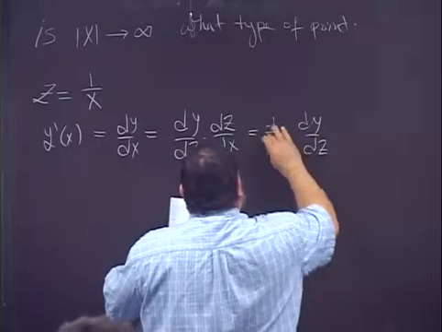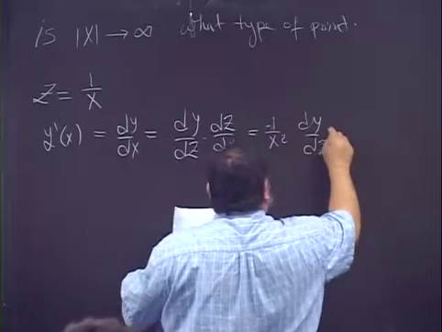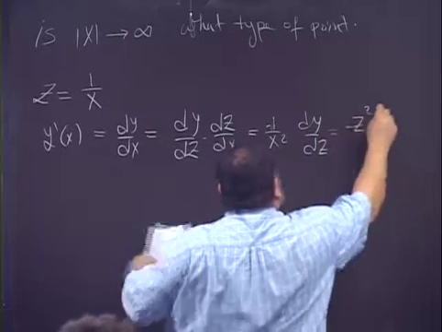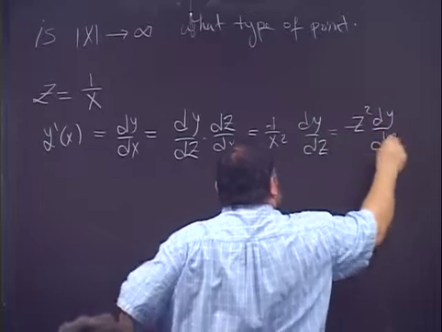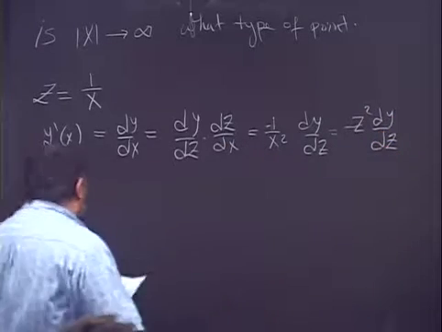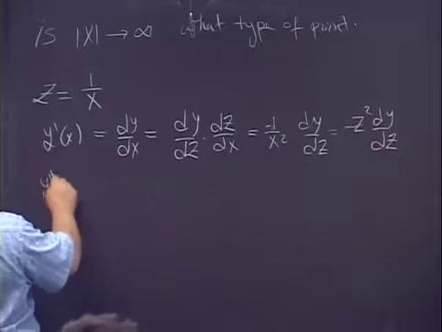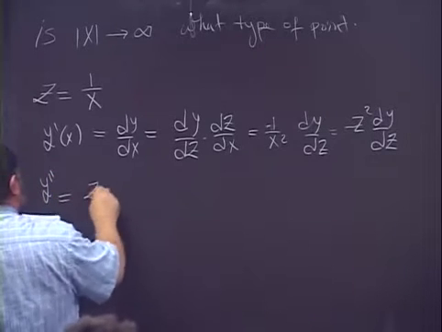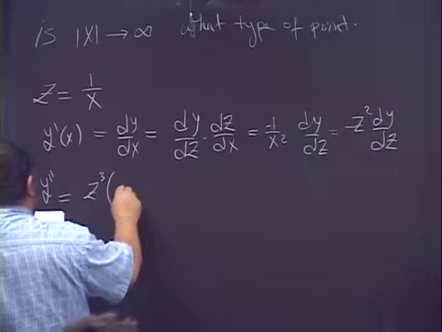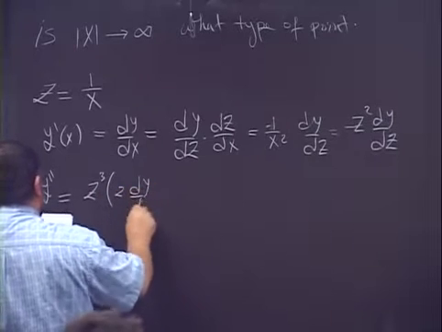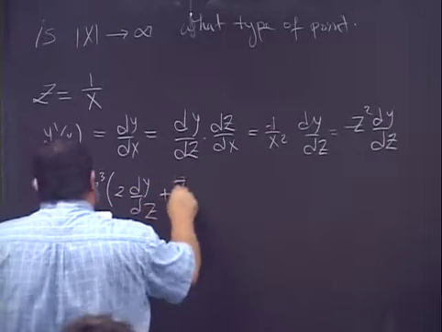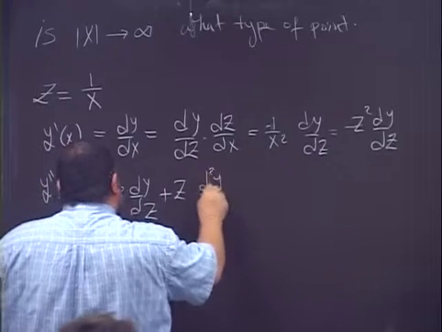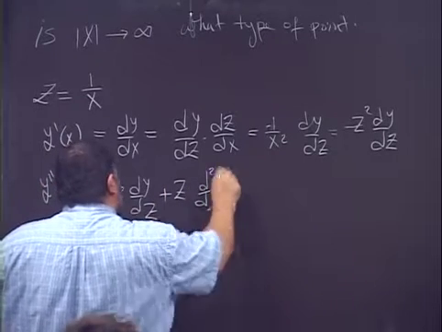There is a minus sign in front here, and you can write it as negative z squared dy by dz. If you get y double prime, I'm not going to derive it, but I will write it here as z cubed multiplied by 2 dy by dz plus z d2y by dz squared.